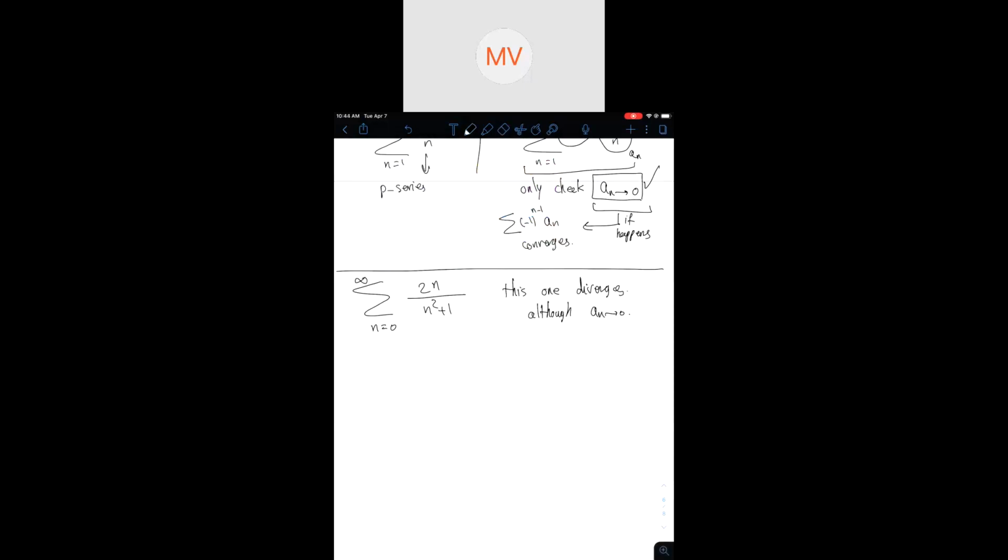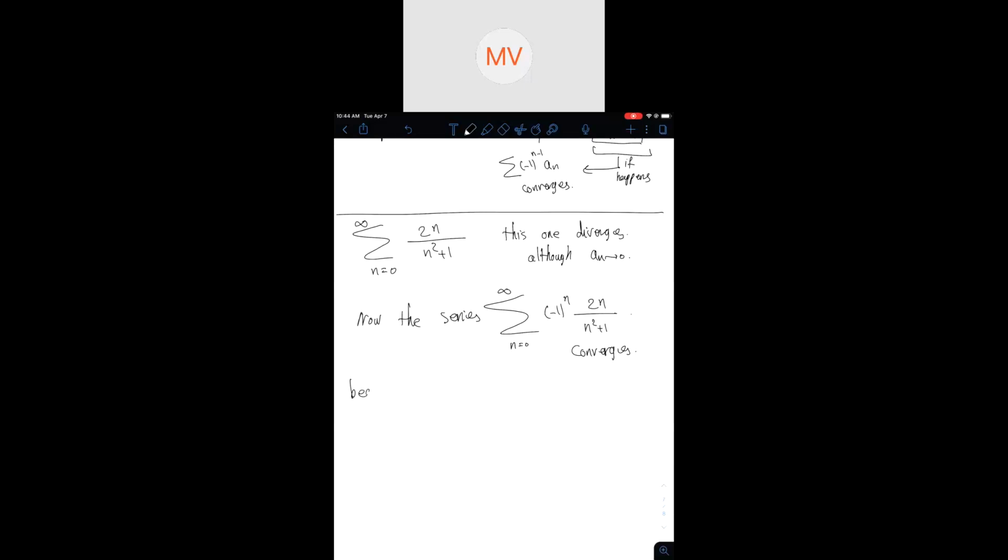Now, this series, negative 1 to the n, times 2n over n squared plus 1, from 0 to infinity, converges.